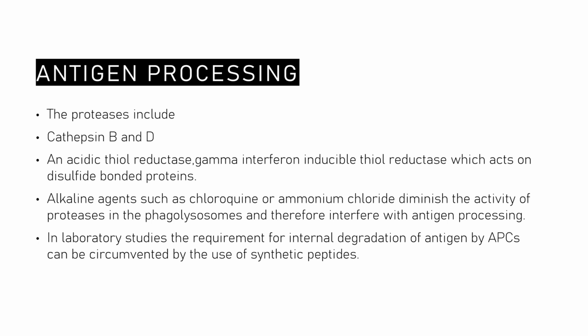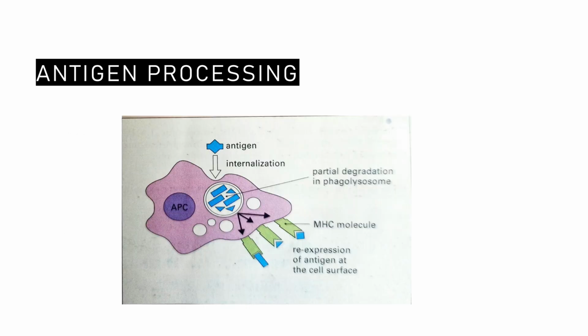In laboratory studies, the requirement for internal degradation of antigen by APCs can be circumvented by the use of synthetic peptides. Antigen processing: so an antigen is internalized and partially degraded in the phagolysosome and presented on the MHC molecule.